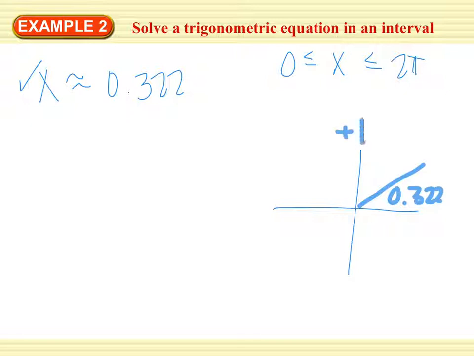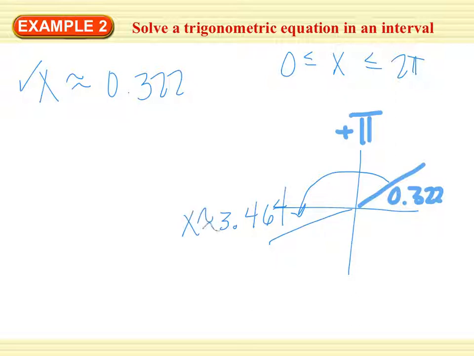If I add pi, that gets me actually 3.426 approximately, 464. So I'm over there somewhere. Okay, I can't go any further, but let's also look at x was approximately negative 0.322.